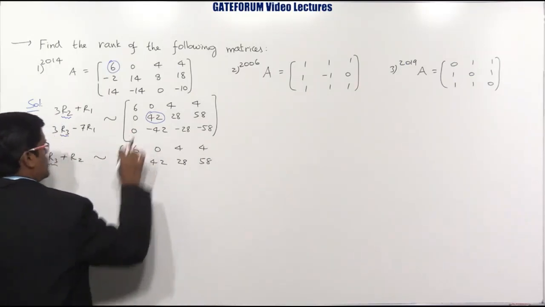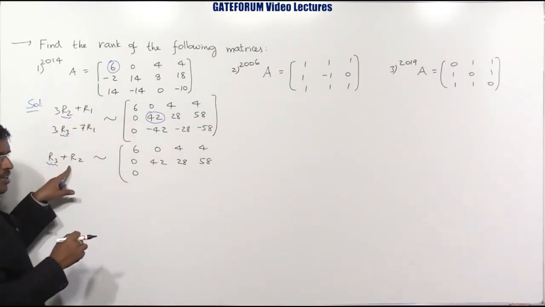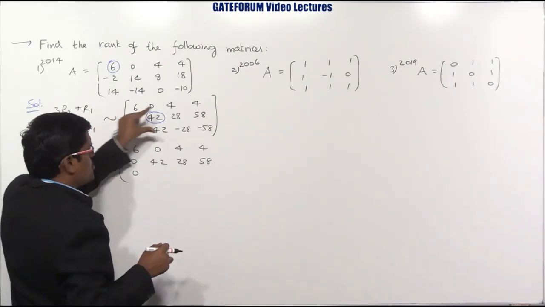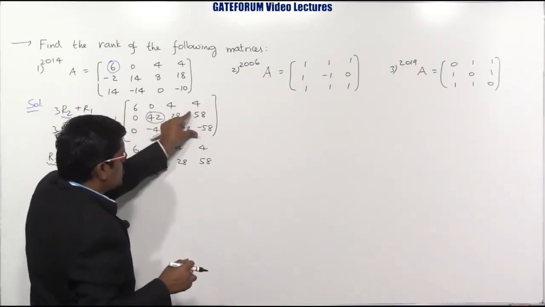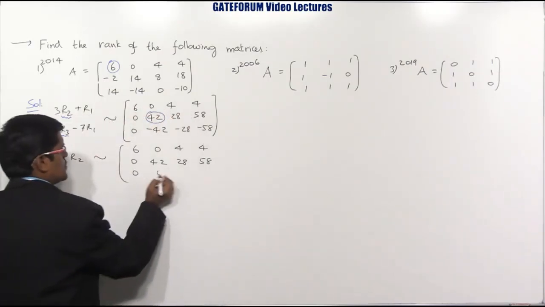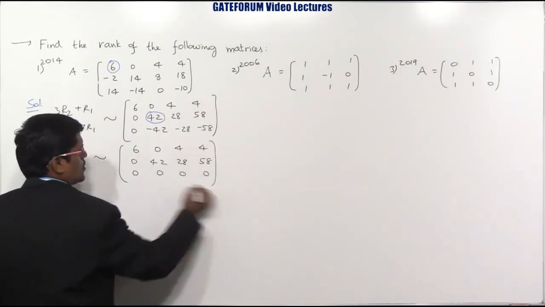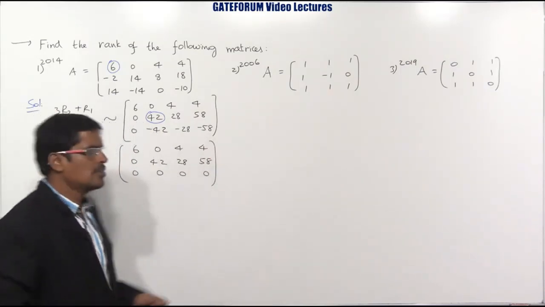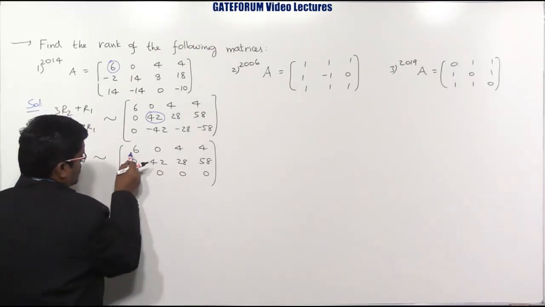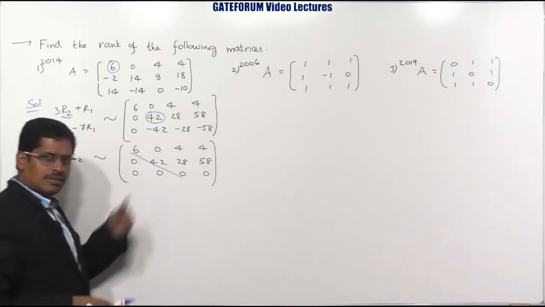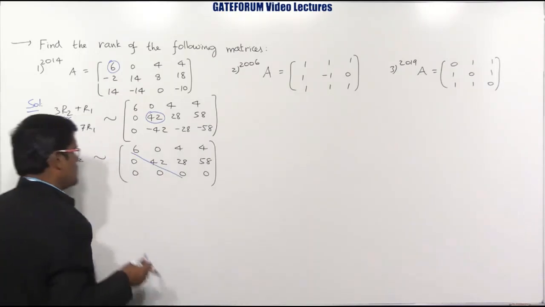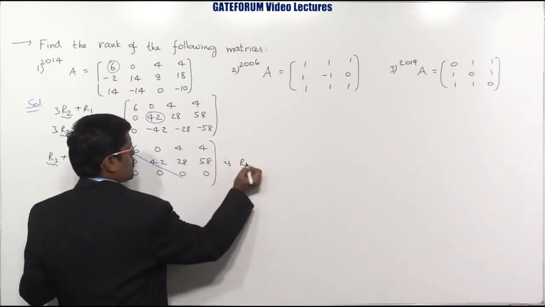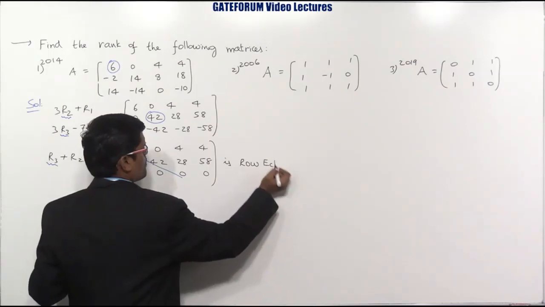Next, 0, hold like this, because I took the operation R3 with R2. 0 plus 0, 0. Minus 42 plus 42, 0. Minus 28 plus 28, 0. Minus 58 plus 58, 0. 0, 0, 0, 0. So come to the third row. There is no non-zero element. So the problem is over. Now, below the diagonal elements, did we get 0 or not? This is upper triangular form. So how many non-zero rows? First of all, this is row echelon form.